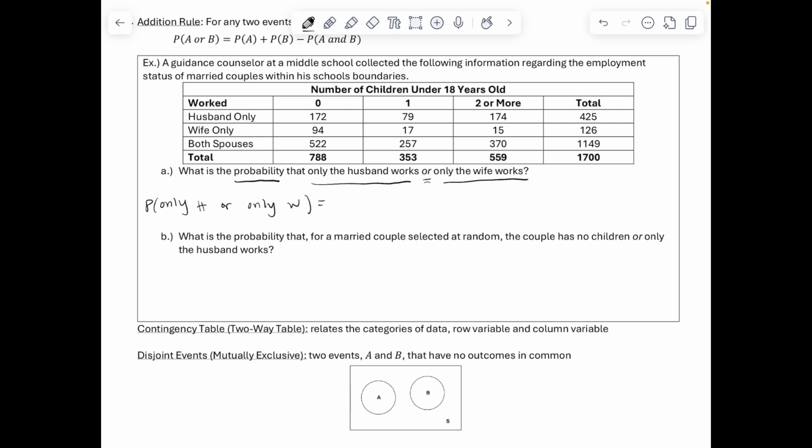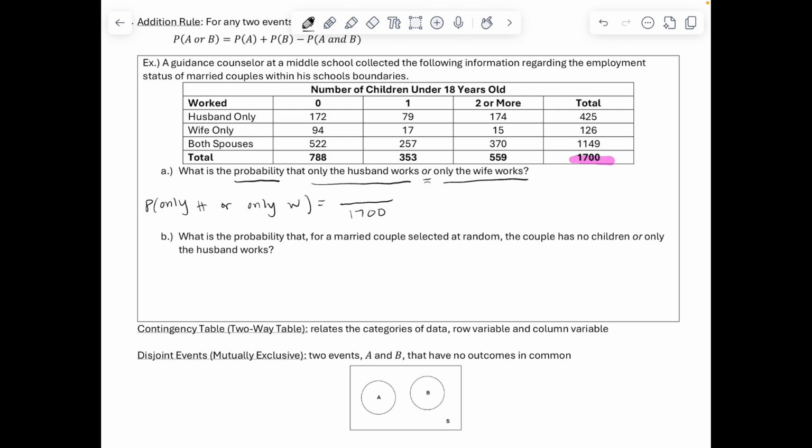And so for this problem, we have a total number of people that the data was collected from, and you can see that on your table. It's 1,700. And so with that said, that's going to be the number that goes into the denominator. And what's nice with tables is that you don't really have to use any kind of formulas. You just kind of have to read the table.